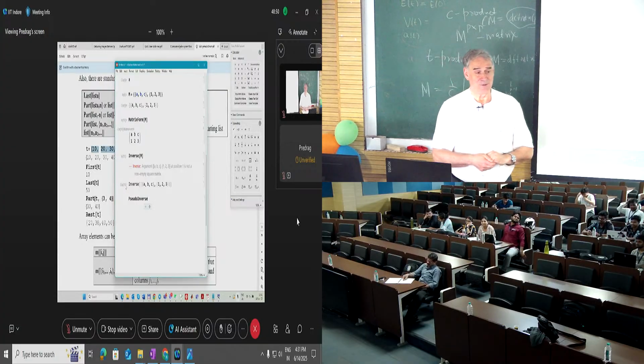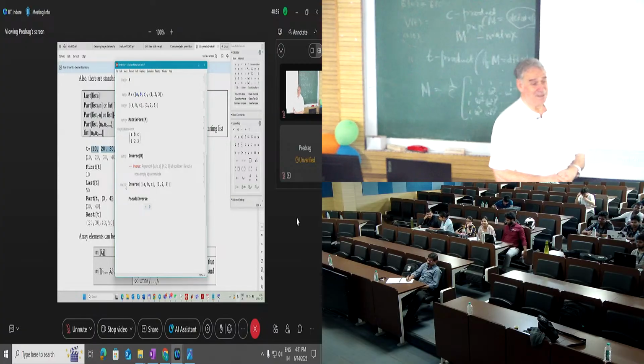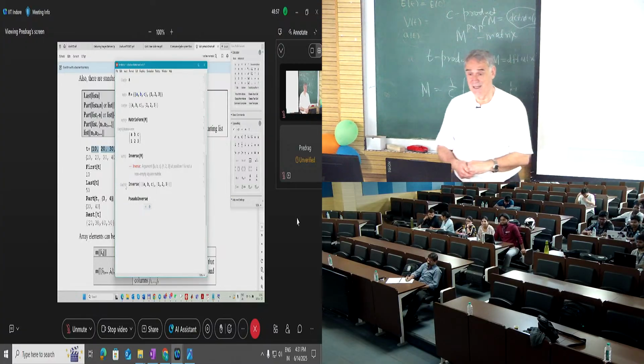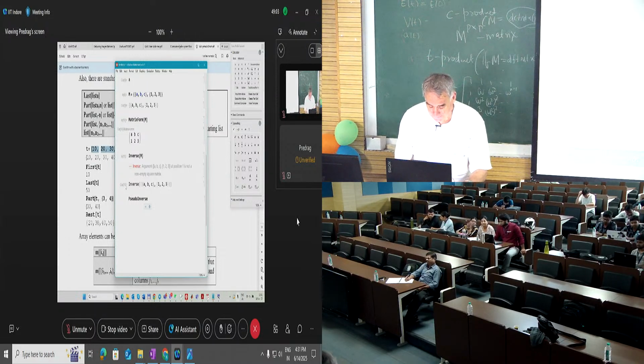Mathematica uses very long names, never shortened, always long names with initial capitals: PseudoInverse of M.